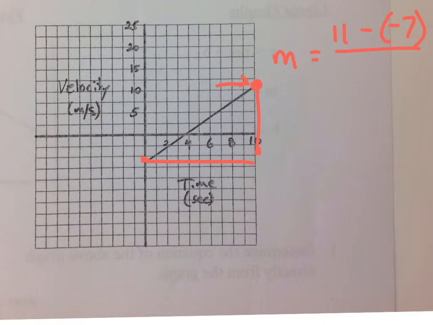The run is about 10.0, or 10.0 minus 0. So I have a slope of 11 minus -7 is 18 divided by 10. So the slope is 1.8.